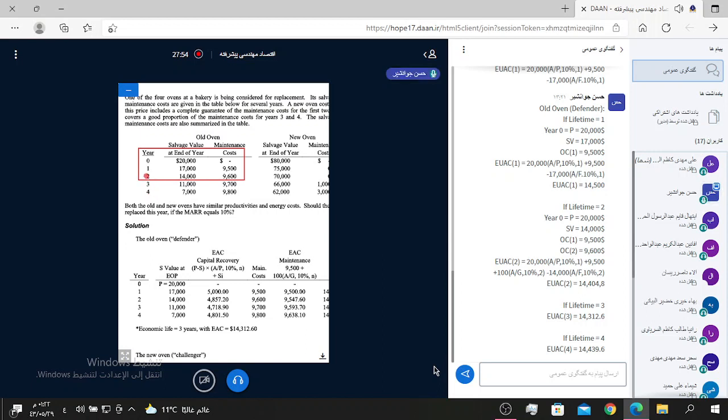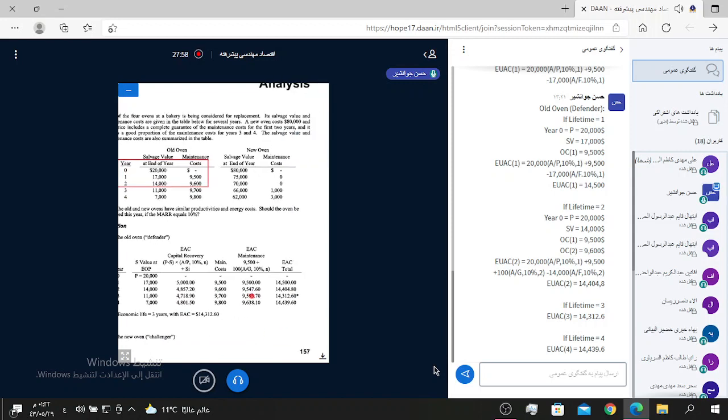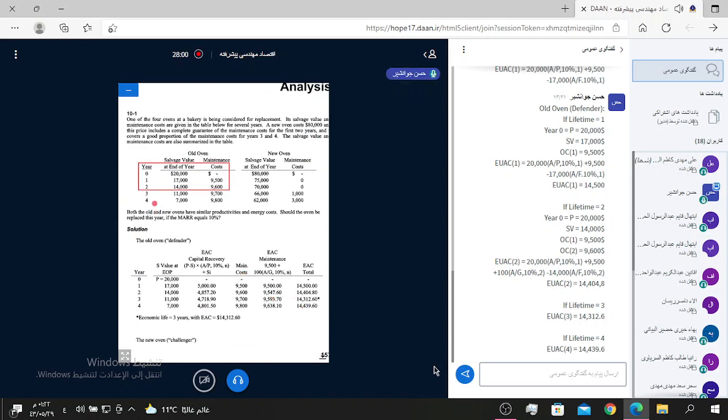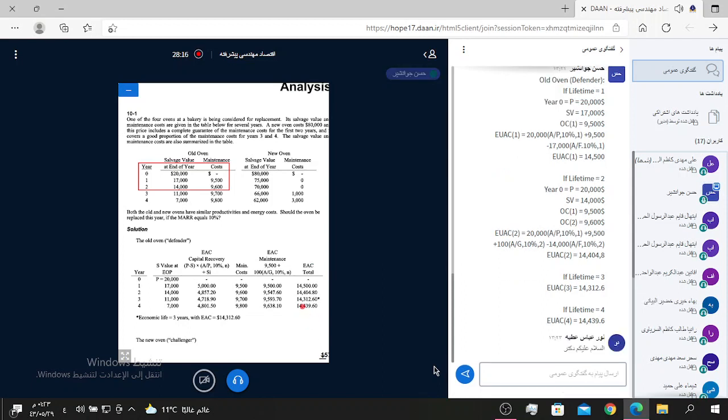For each of 1, 2, 3 and 4 years, find the UAC. In the UAC column, this number is less than the other numbers.